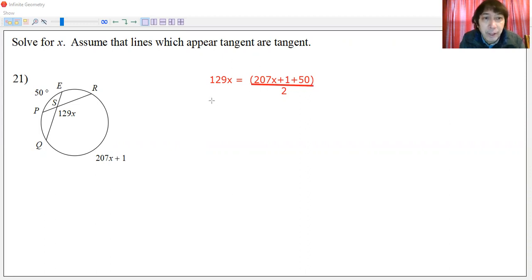So we shall solve for x here, as required. So what do we have here? We shall multiply both sides by the 2.